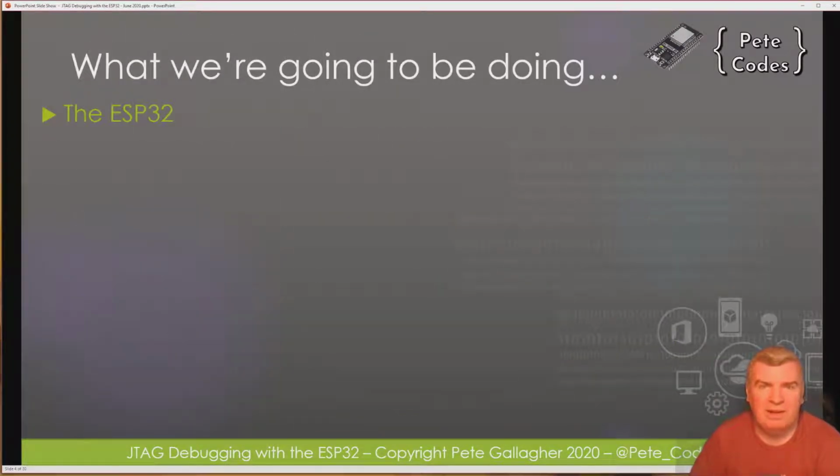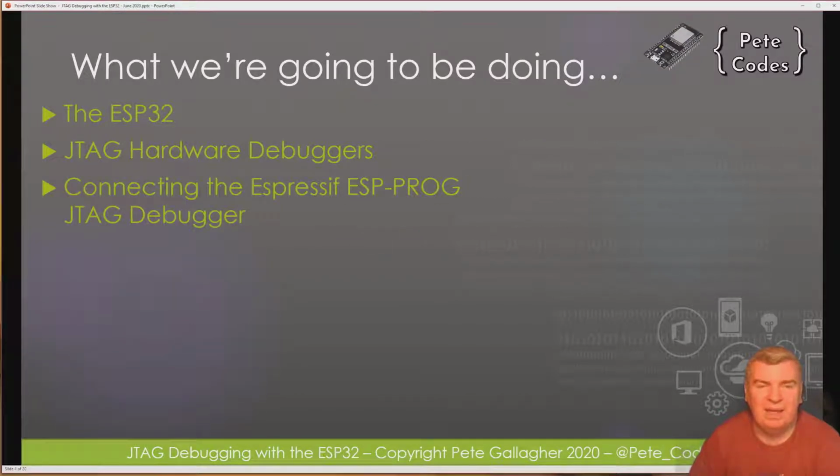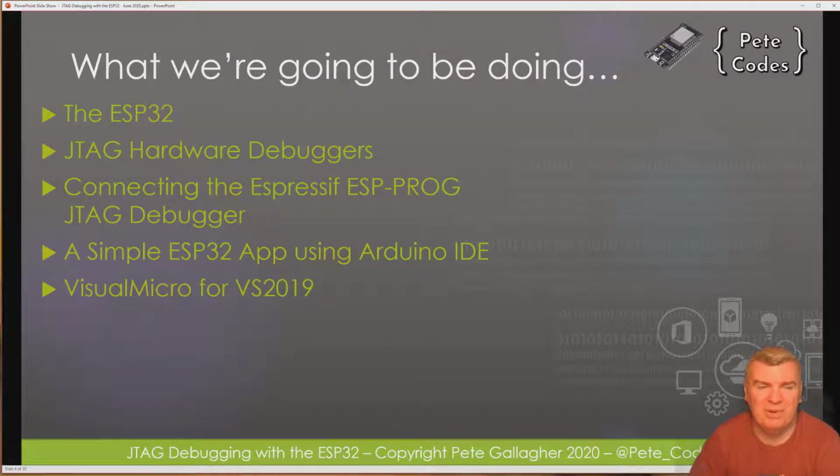What we're going to be doing, I'll look a little bit at the ESP32 itself. It's a cool little device. And then briefly about JTAG hardware debuggers and what they are. And then I'll just show you how they connect up to our ESP32 board. And then I'll spin up a simple app just so we can get a baseline about where we're starting from in the Arduino IDE that we all know and love if you do any IoT work.